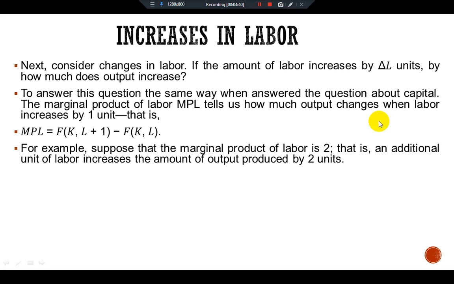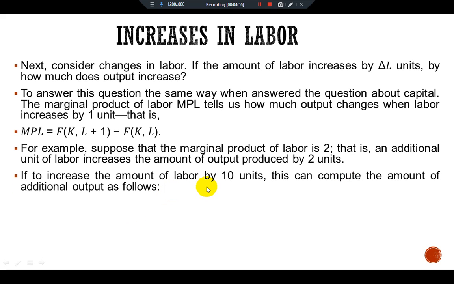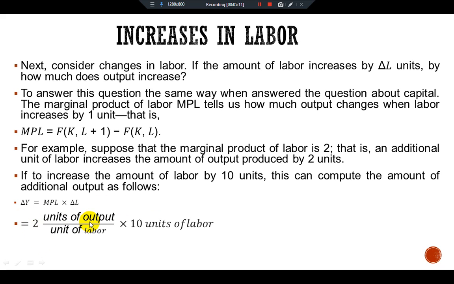For example, suppose that the marginal product of labor is 2, that is, an additional unit of labor increases the amount of output produced by 2 units. If we increase the amount of labor by 10 units, we can compute the additional output as follows: delta Y is equal to MPL times delta L. So delta Y is equal to 2 units of output per unit of labor times 10 units of labor.